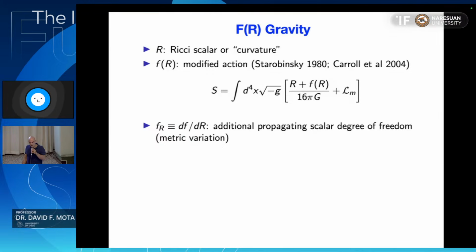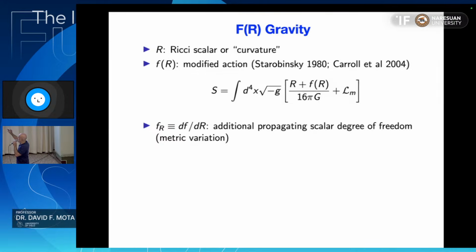Okay? So we will see a few ingredients that we will use a lot: f_R, which is the first derivative of the function f with respect to R, and I will tell you later what the function f is.